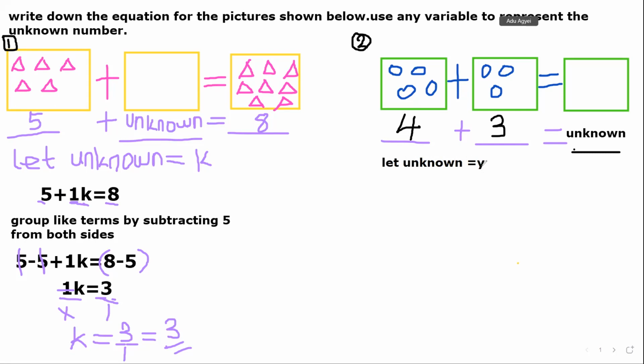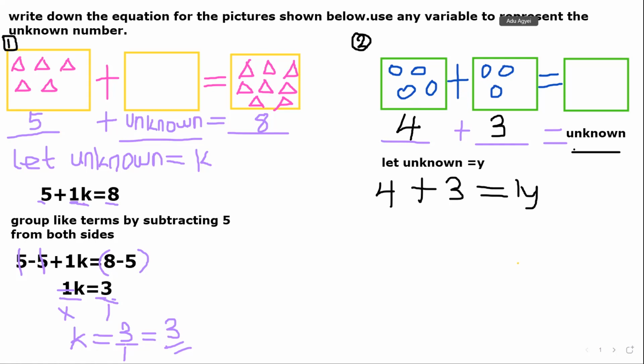Once we have used Y to represent the unknown here, then our new equation will be 4 plus 3 is equal to 1Y, because the coefficient of every single letter is 1, that is why we attach this.